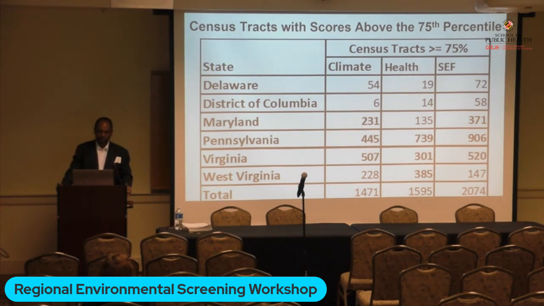So this shows that in Maryland, the socioeconomic factor is highly affected compared to health and climate. Pennsylvania is similar with 906, and Virginia 507 in climate and socioeconomic 520.